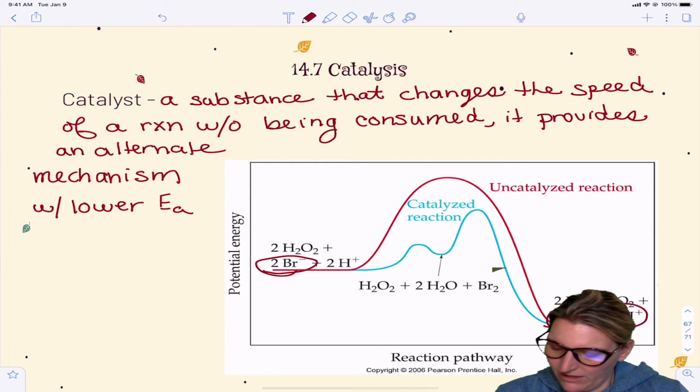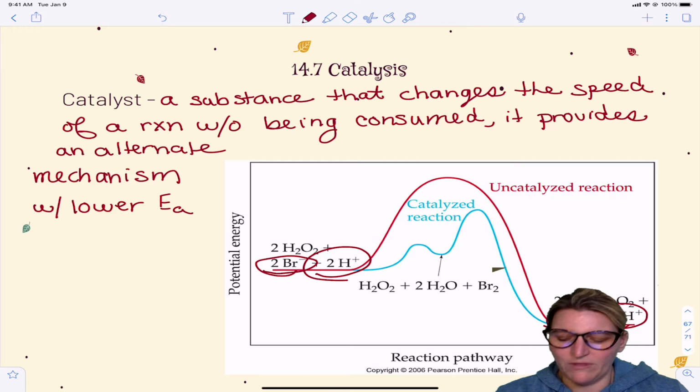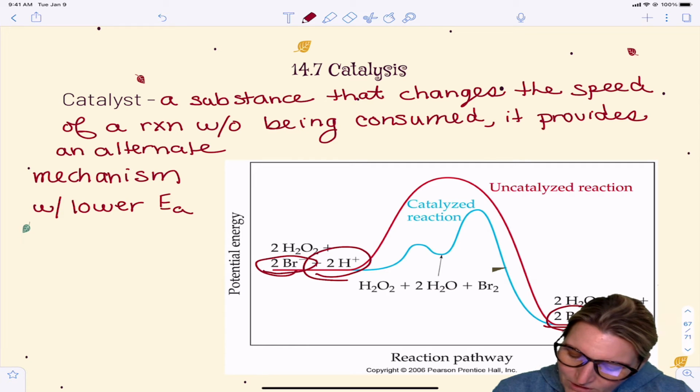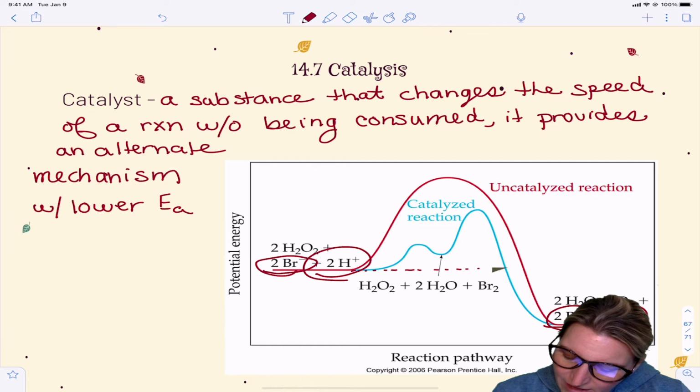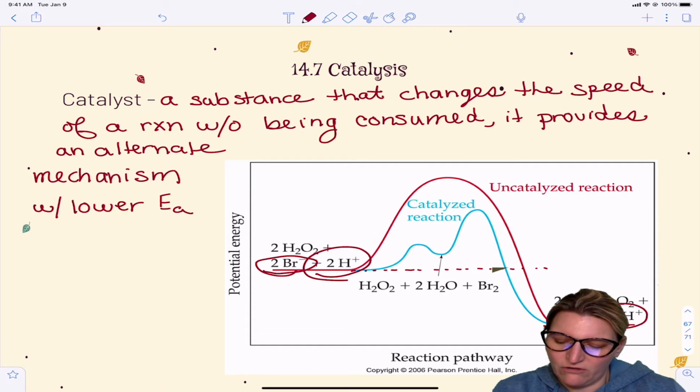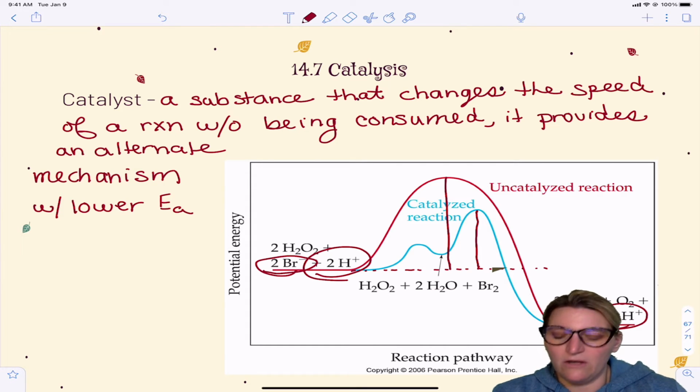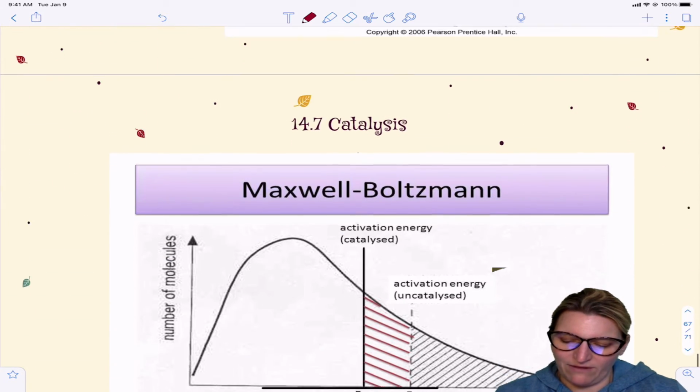So those would be considered catalysts because they are present at the beginning and they're present at the end. But look at this. The uncatalyzed reaction has such a high activation energy and the catalyzed reaction has a much lower activation energy, so more molecules will have enough energy to overcome it and the reaction will proceed at a faster rate.